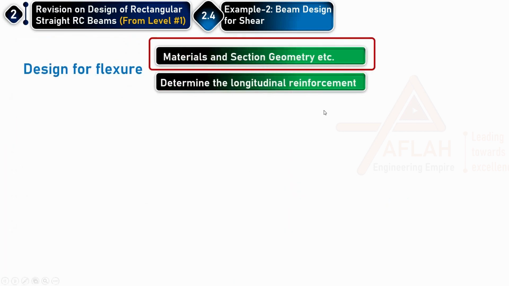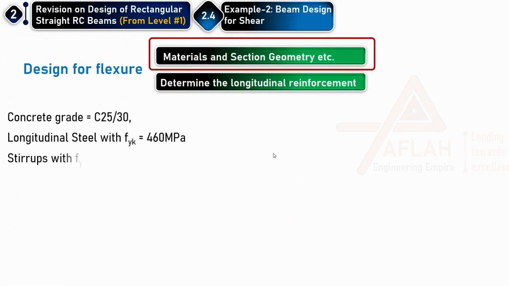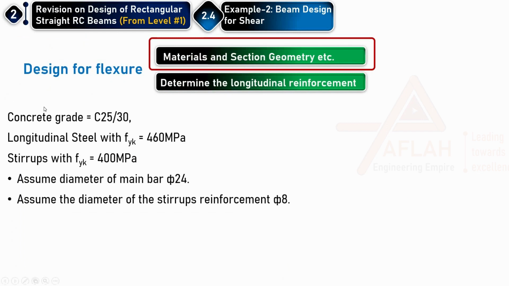Now with the design for flexure, let's start with the concrete grade. I have taken C25/30 and the longitudinal steel reinforcement S460, and for the stirrups 400. Assume the bar diameter 24 and the stirrups 8.